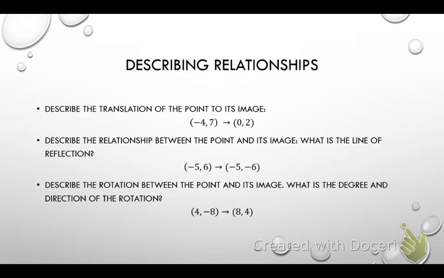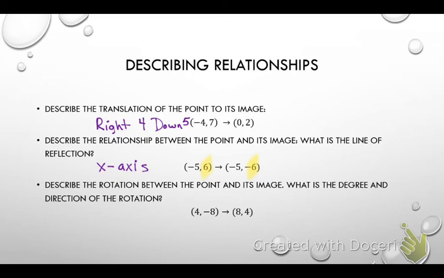Okay, so on the third point now, describe the rotation. The one we know it's not is which one? If you're thinking 180, you're exactly right. It can't be 180 because I reversed the order. So I know it's either 90 or 270. Now I just need to figure out the direction.